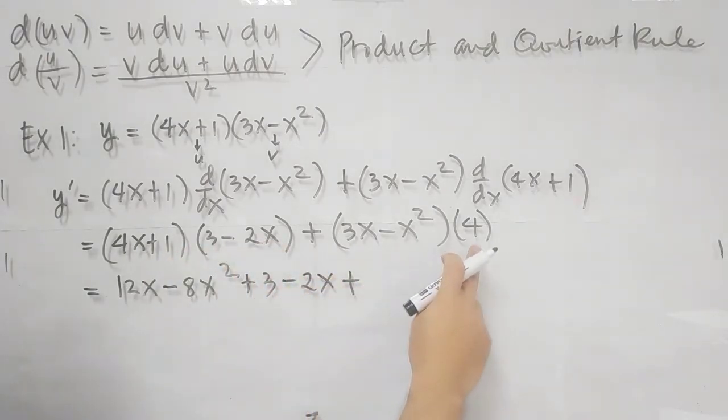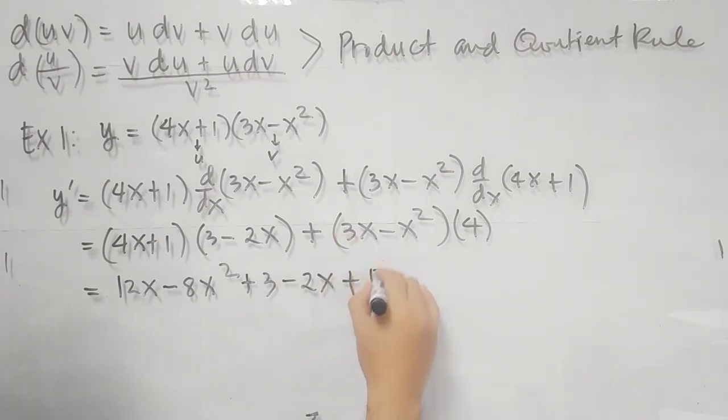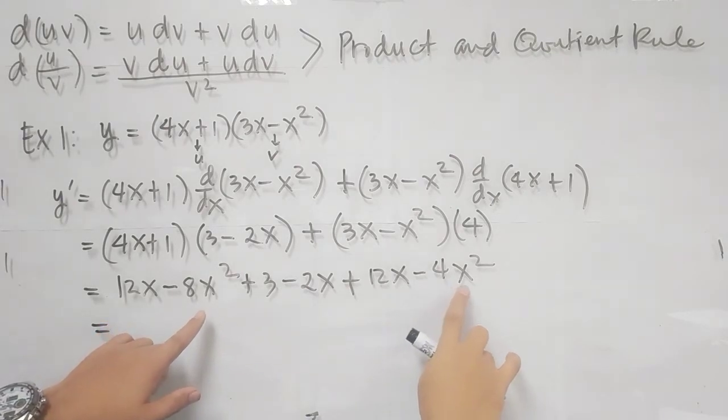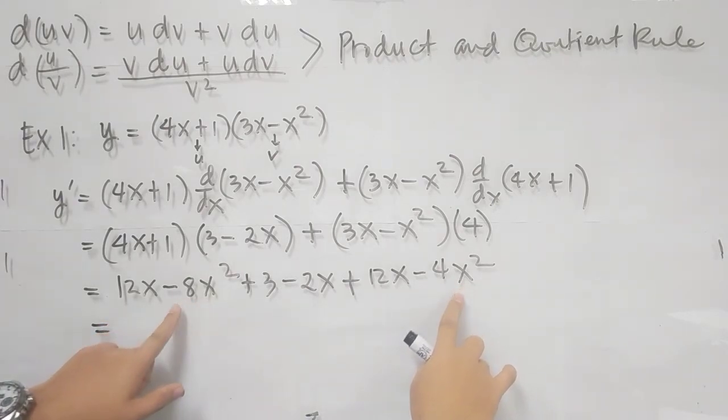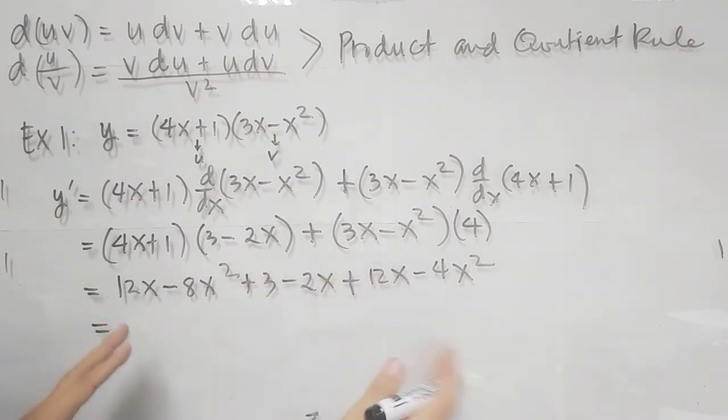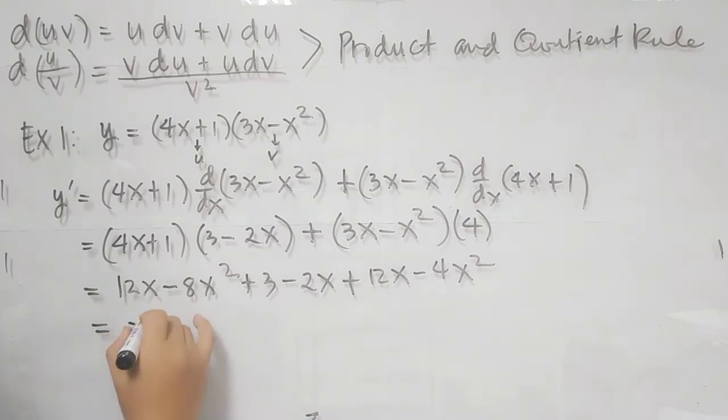Plus 4 times 3x equals 12x. 4 times negative x squared equals negative 4x squared. So when we combine this one with x squared, negative 8 minus 4, that is negative 12x squared. So we will combine like terms, negative 12x squared.